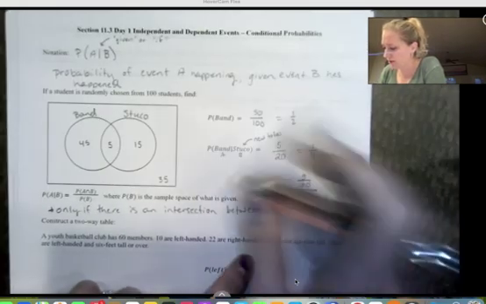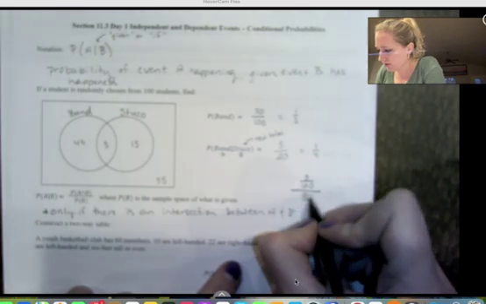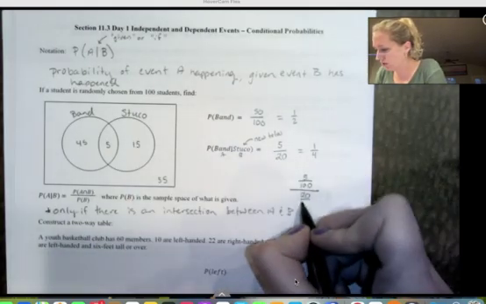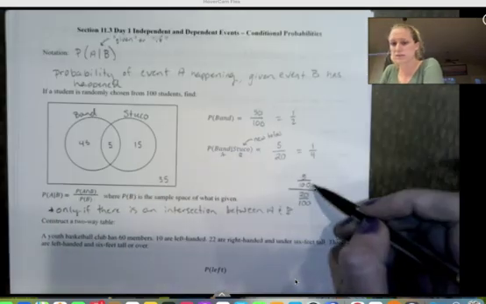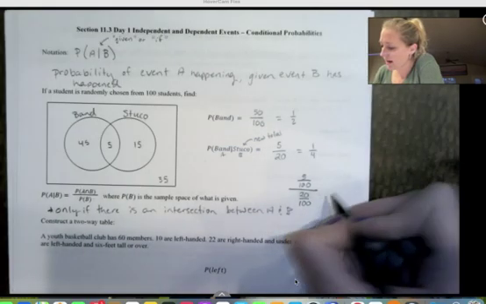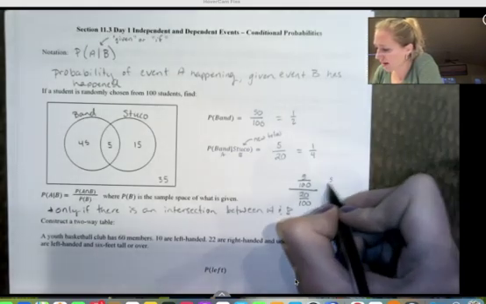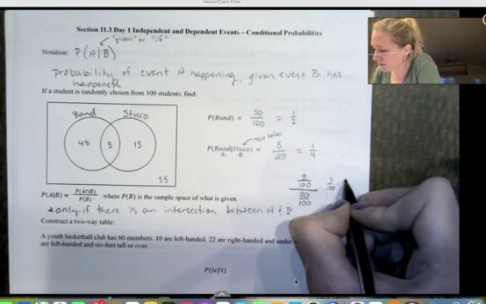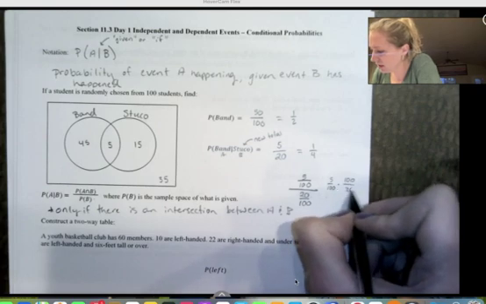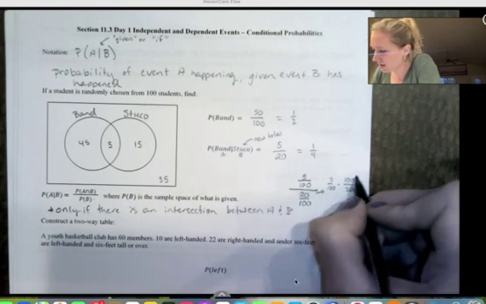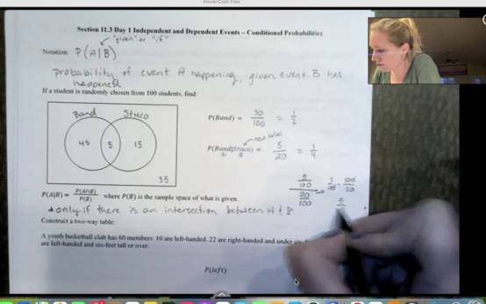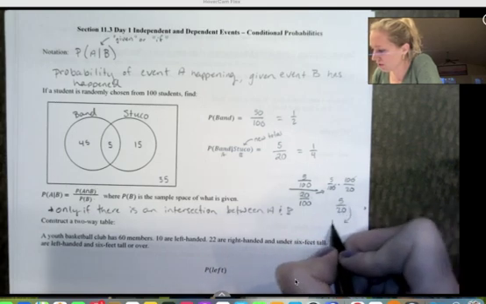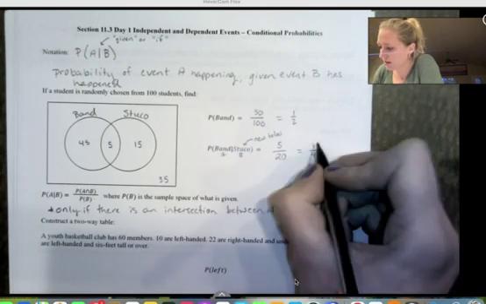The probability they're in student council, I have 20 out of the 100 students. So if I divide these fractions, I have 5 over 100 times 100 over 20. Those cancel, so I get 5 over 20, which is 1/4. So I still get 1/4.